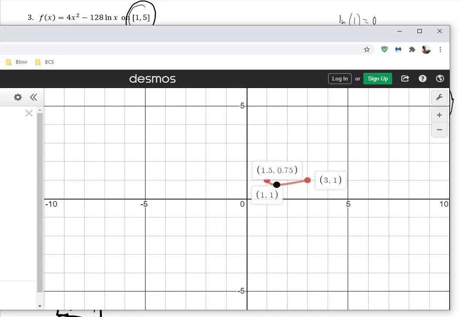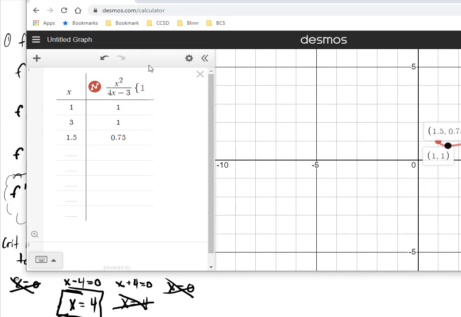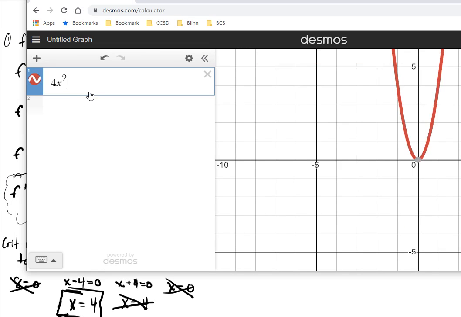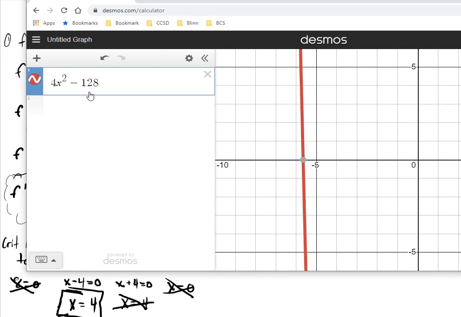Okay, so this was from a previous problem, so let's go ahead and just delete all of it. Let me move it a little bit. Okay, so I'm going to say delete all. And let's get the one that we have in. So 4x squared minus 128 natural log x. Okay, so that was our function.